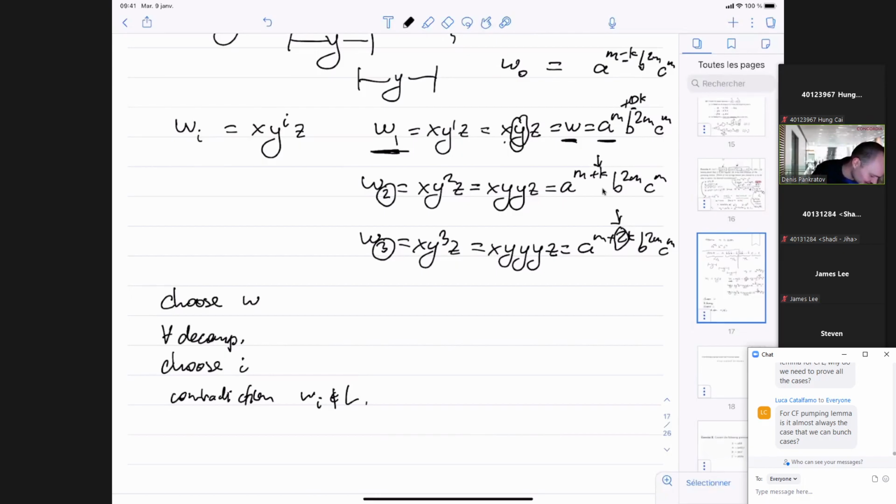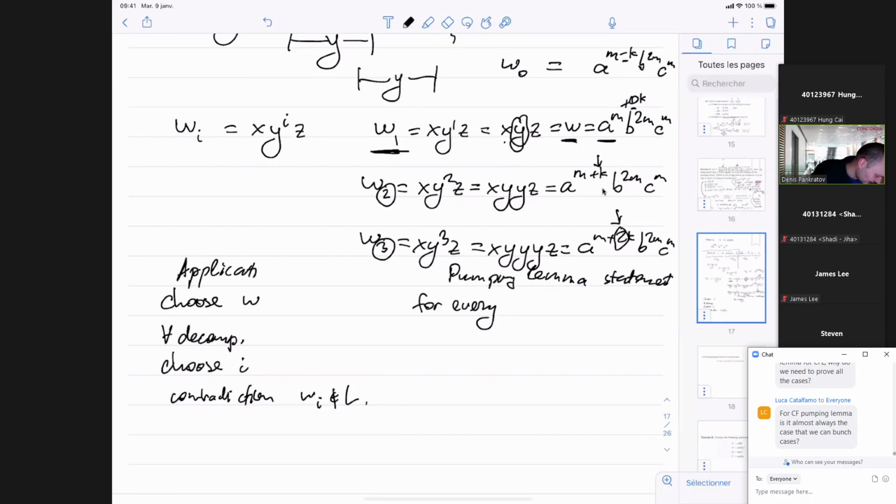Pumping lemma says for every... so this is the pumping lemma statement. And then there is the application of the pumping lemma for a proof by contradiction.